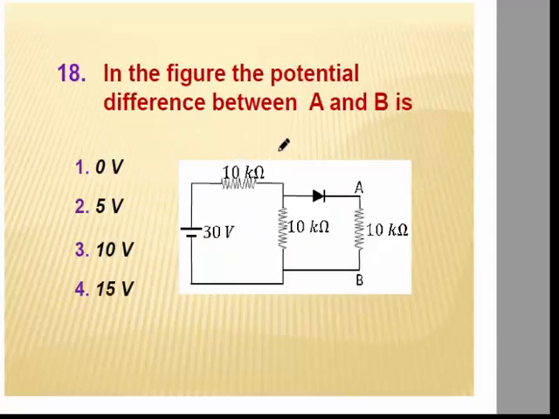In the figure given below, the potential difference between A and B is? Very simple. The diode is forward biased, so current flows.